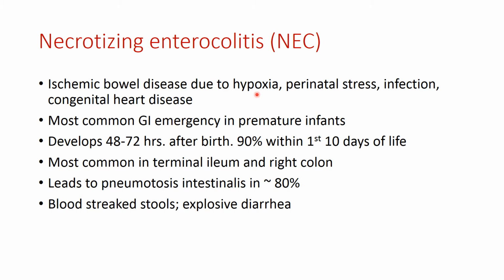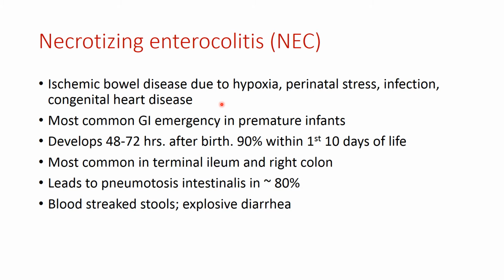And so it can be due to hypoxia, perinatal stress, infection, or congenital heart disease, and that kind of goes along with the hypoxia. It's the most common gastrointestinal emergency in premature infants. It doesn't usually present at birth because this is a necrotic condition, and it requires some time to develop.